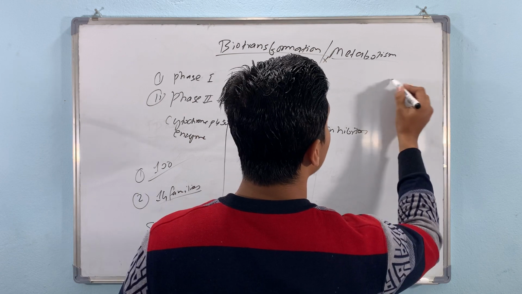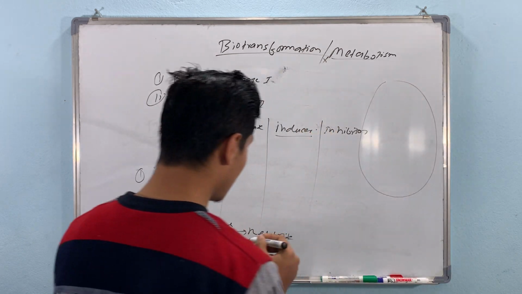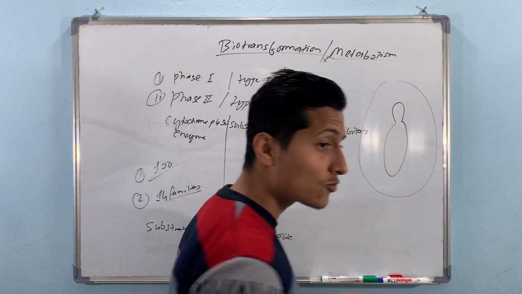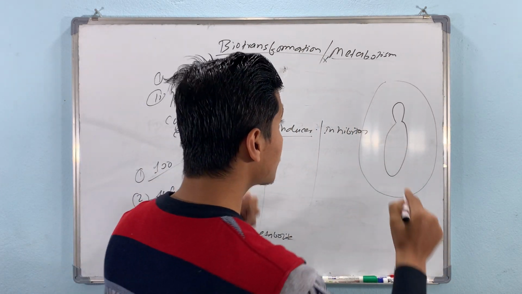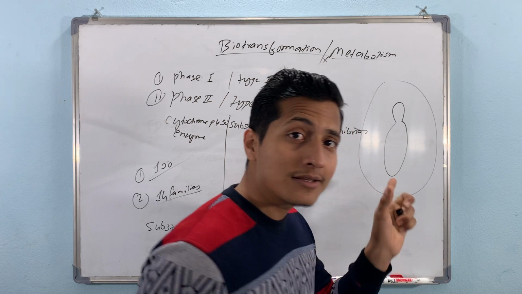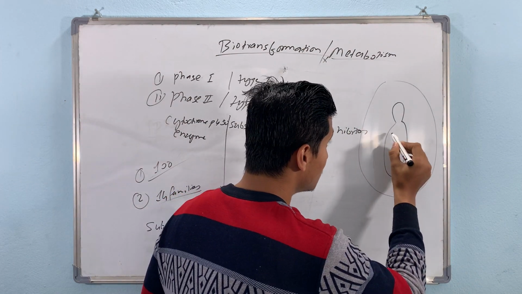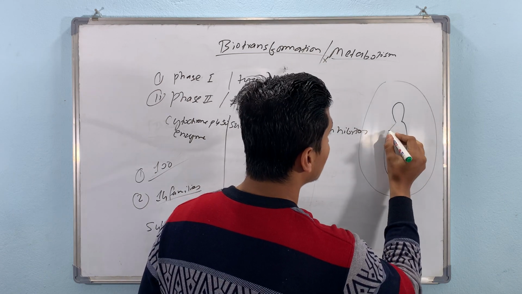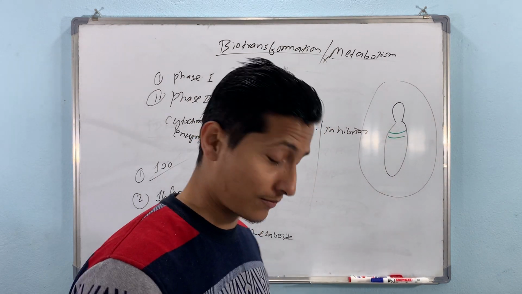For example, this is your cell, right? And this is the chromosome that is present in the nucleus of the cell. Now, inside this chromosome, suppose this is your gene. Let me use another color here to make it more interesting. So this is your gene, right?